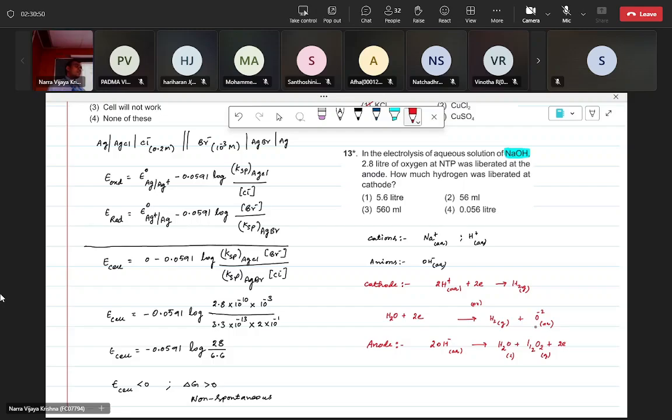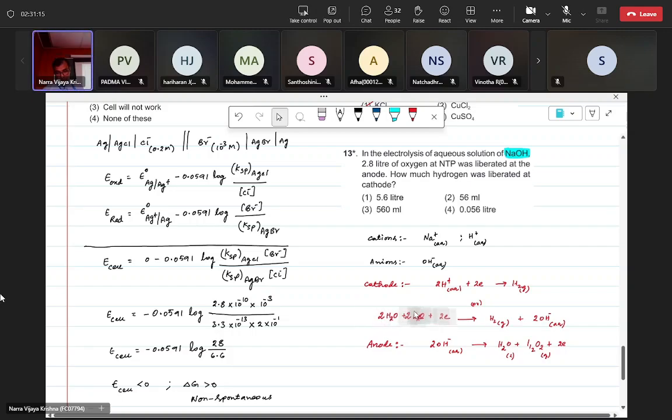Correct or not? So for that I am writing 2H2O and I will write 2OH minus. Check whether the reaction is balanced or not. If I want to eliminate the above H plus, I will do this reaction.